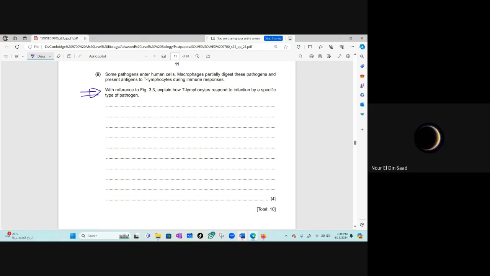It has receptors complementary to the antigen. Yes, you are correct. If it does have receptors complementary to the antigen, what will happen? They bind to the antigen. The antigen binds to the T lymphocyte. Okay. It becomes an antigen presenting cell.